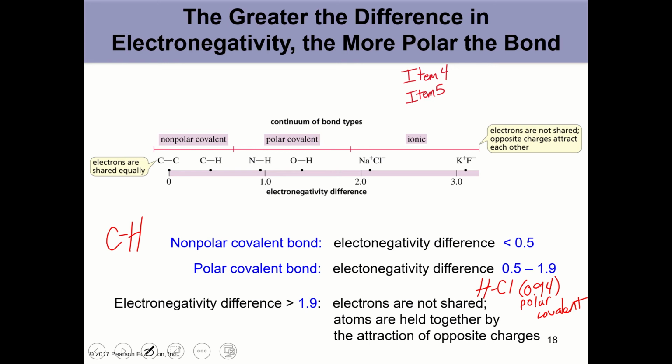If we have an electronegativity difference greater than 2, then this is an ionic bond. You study ionic molecules in inorganic chemistry and Gen Chem, and we're not really going to have to deal a lot with ions in this class.